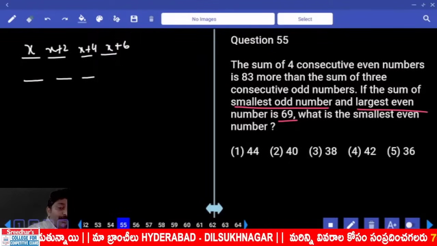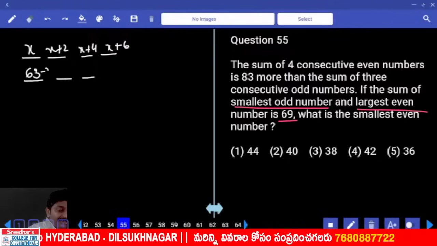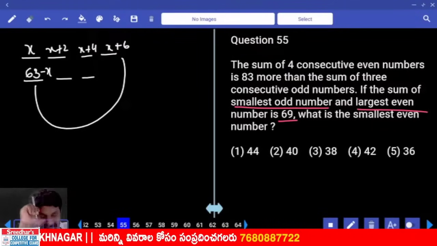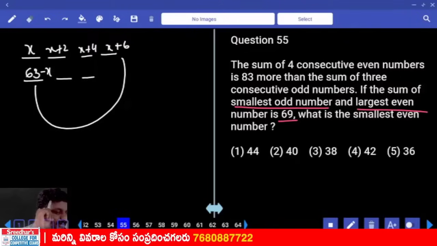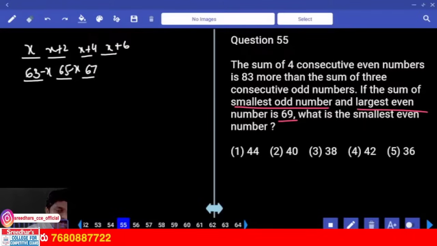Then the smallest odd number must be equal to 63 minus x. Then only the sum of these two numbers becomes 69. Check, verify it. Are you okay? The next number is going to be 65 minus x. Next number 67 minus x.